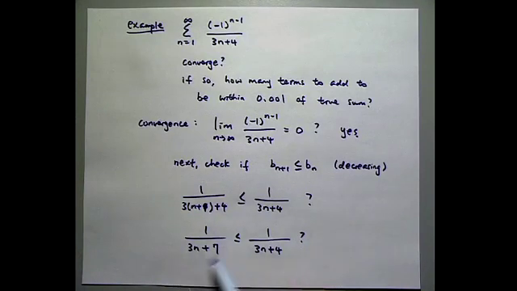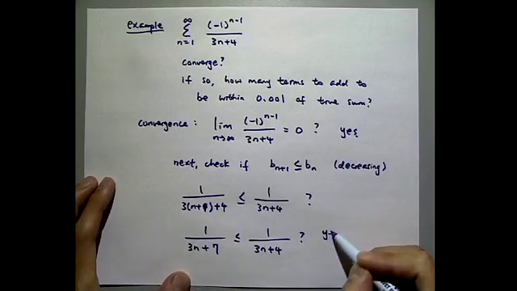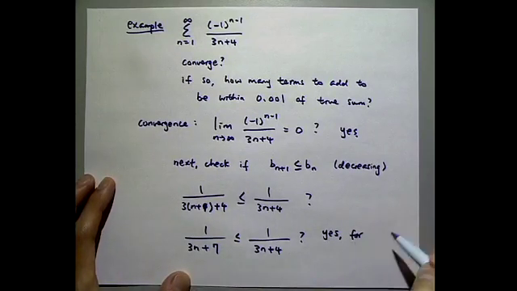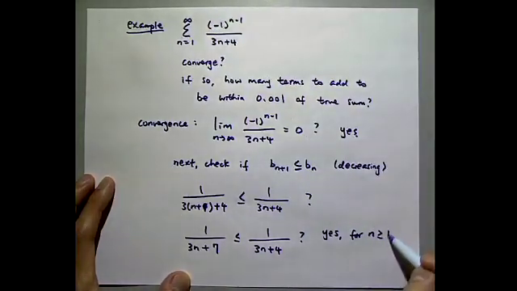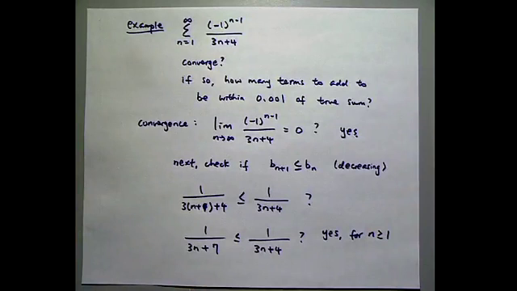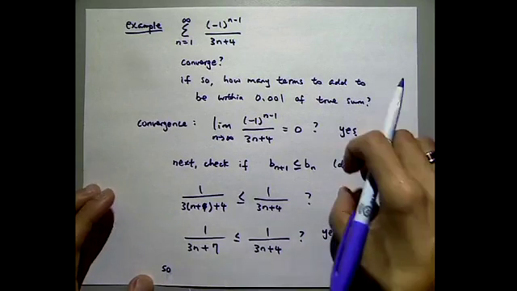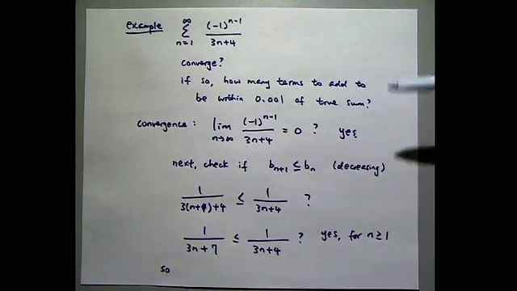This is a bigger denominator. So yes. In fact, for any positive n, this is always true. Bigger denominator given the same numerator in each expression. So what's your conclusion? Converge, diverge? We met that condition, we met this condition. So this converges.